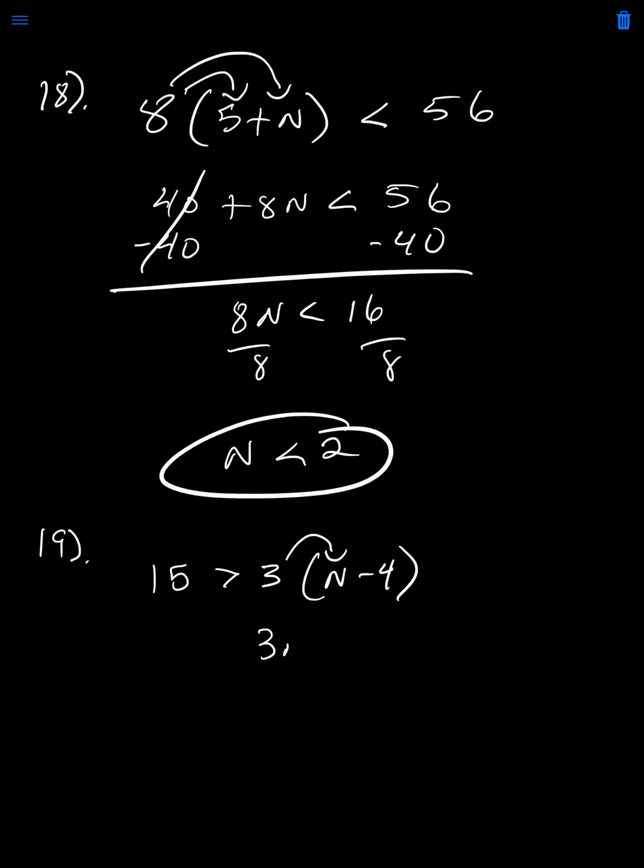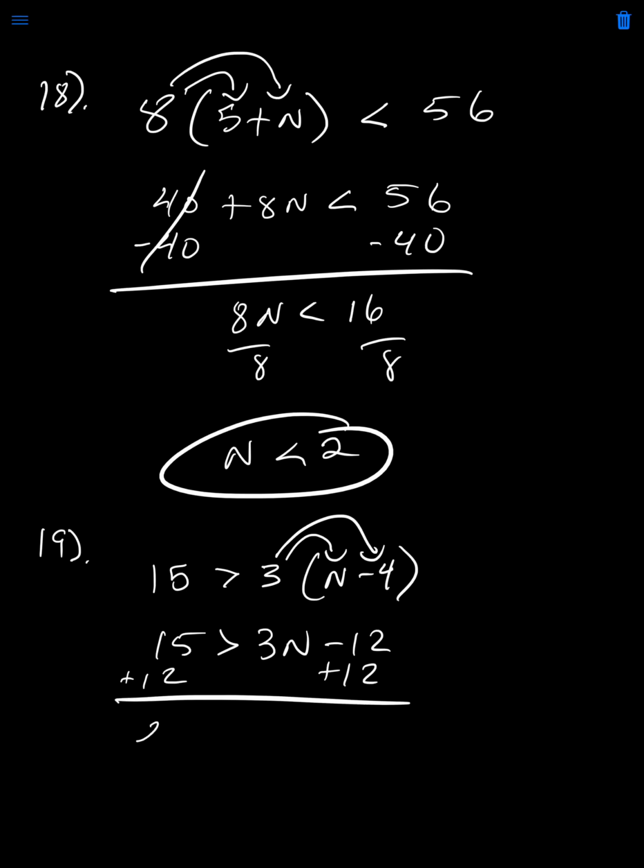On number 19, I have 15 is greater than 3 times the difference of a number and 4. Difference means I subtract. I distribute, I get 3n. 3 times negative 4 is negative 12. 15. Add 12 on both sides. And make sure that's right. Yep, add 12 on both sides.